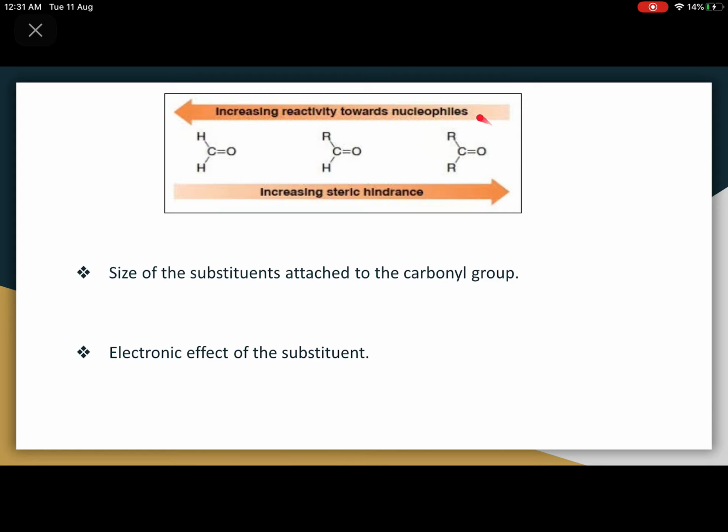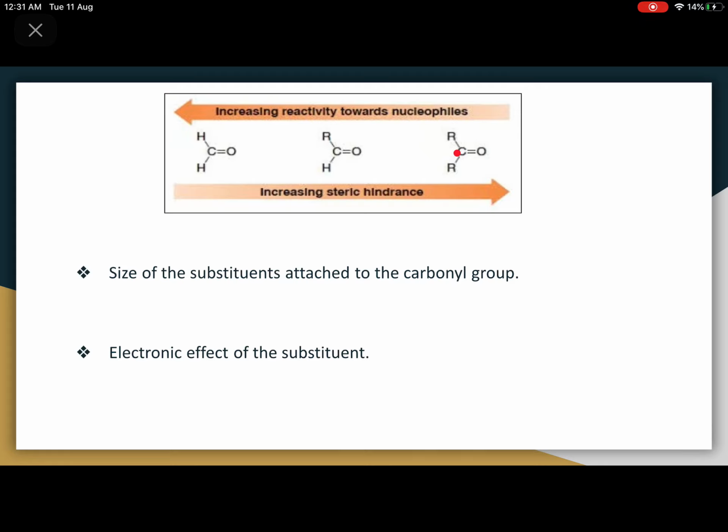Now let's see the third structure. There are 2 alkyl groups connected to the carbonyl group. So there are 2 groups giving electrons to the carbonyl carbon atom.